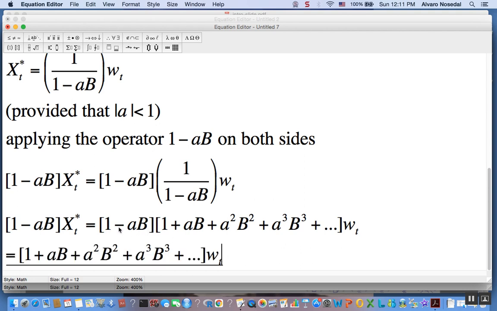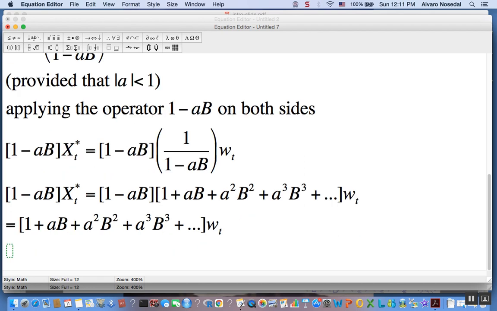Then I have negative A times B applied to this. So let me write that one down, okay? That's going to be the interesting part. Let me write it down underneath because that's going to be interesting. So I'm going to have AB times 1. So that's just going to be AB. You guys agree?